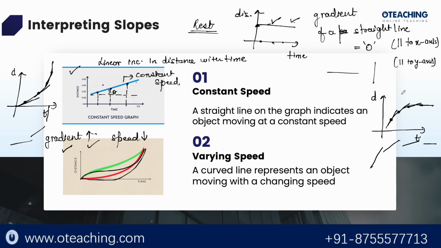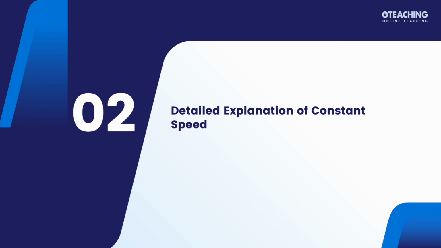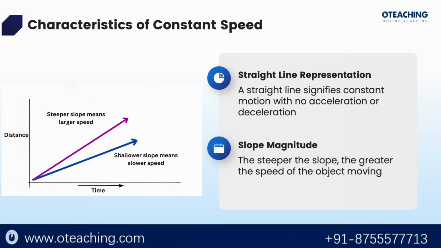So here the gradient is decreasing, which means the speed is decreasing. So these motions are of increasing speed here, and here it is a decreasing speed. Okay, I hope I'm clear on what a gradient means and how you would find out whether the speed is increasing or decreasing. Okay, let's talk about constant speed now.